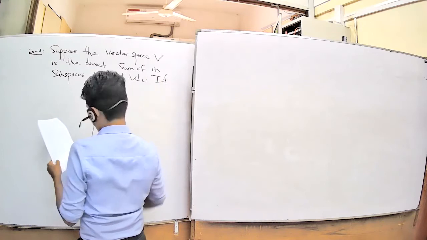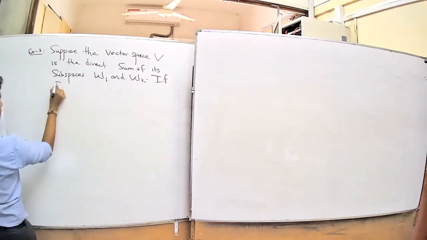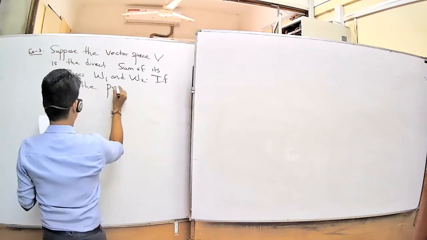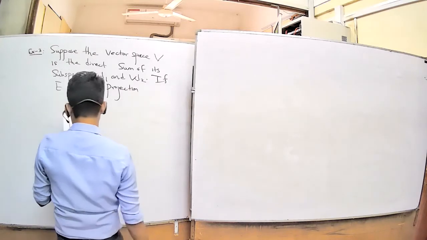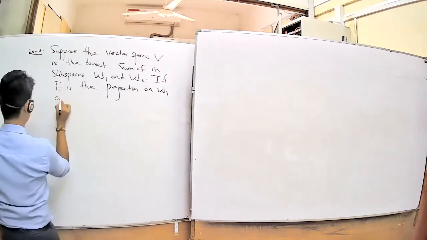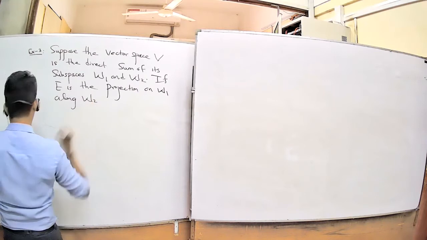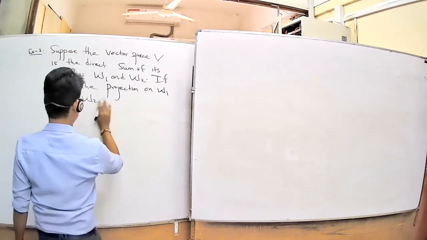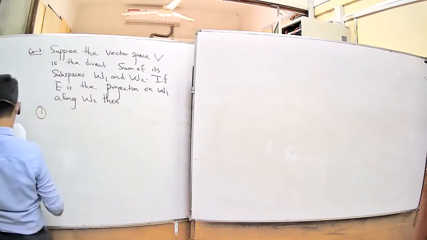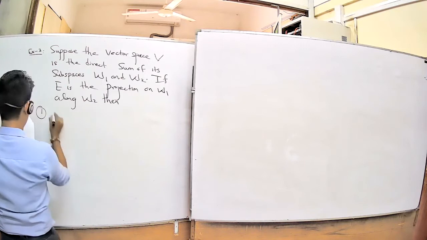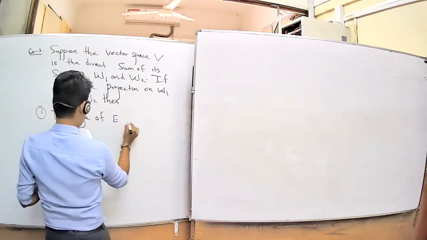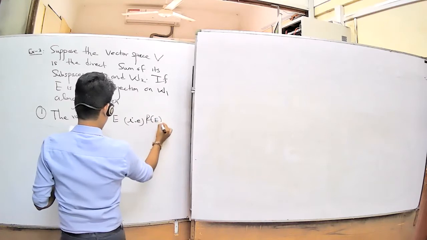If E is the projection on W1 along W2, then first part, the range of E equals W1.